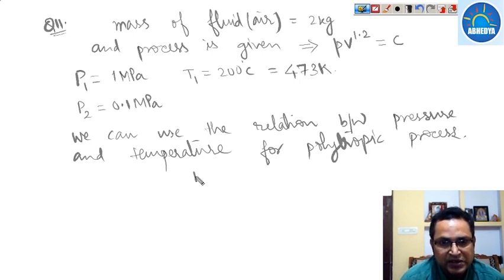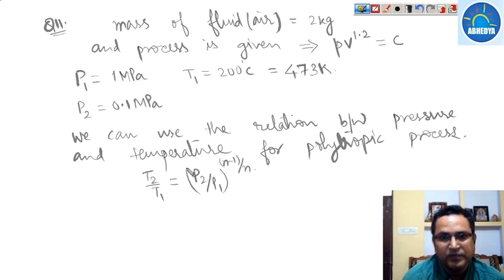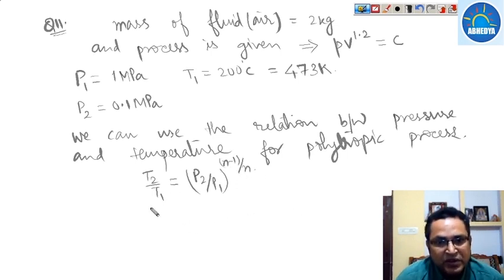So what is the relation? That is T2 upon T1 is equal to P2 upon P1 to the power (n minus 1) upon n. So with the help of this we can easily find out the final temperature.